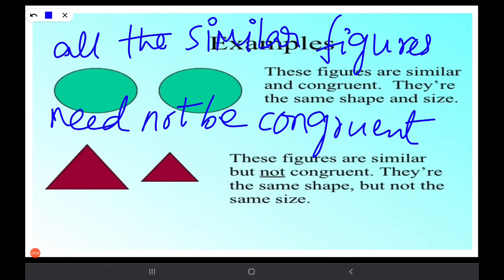Okay, so all the congruent figures are similar, right? All the similar figures need not be, they may be congruent, may not be congruent.